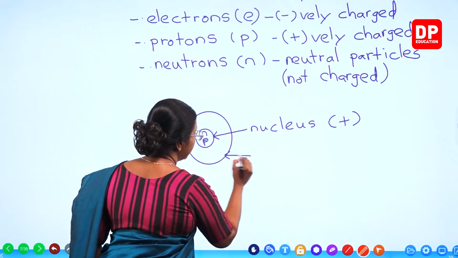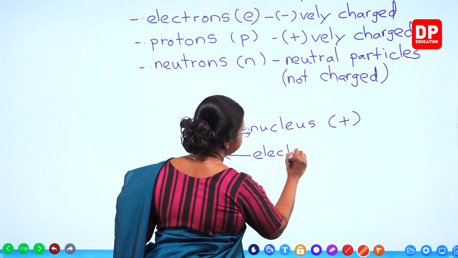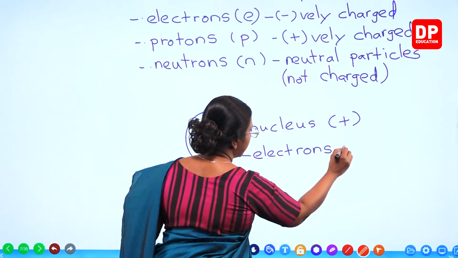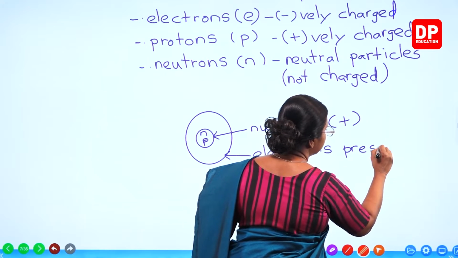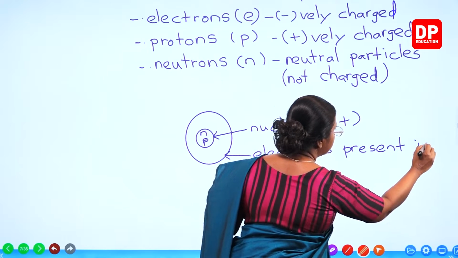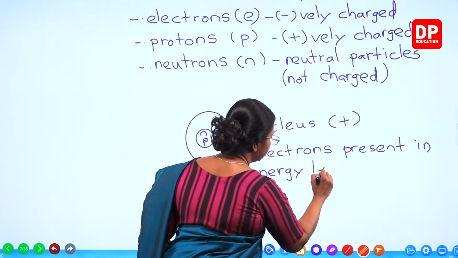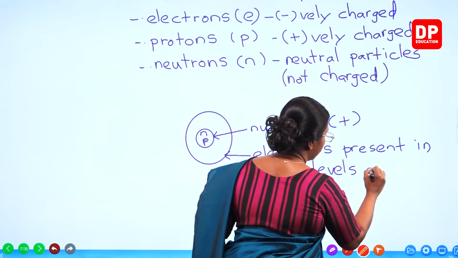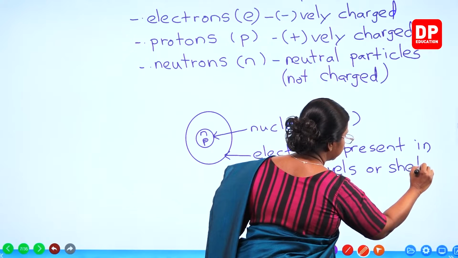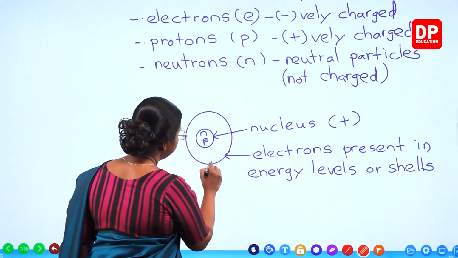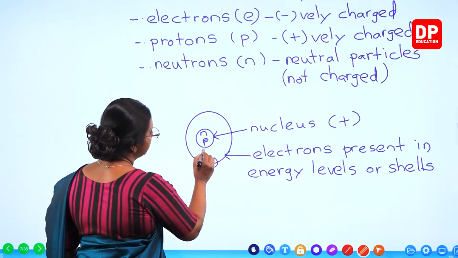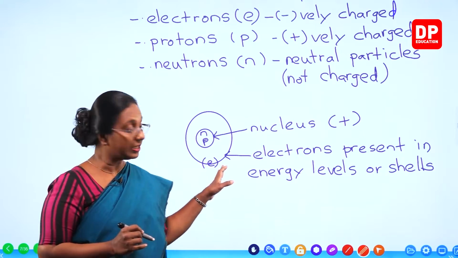So here we get electrons present in energy levels or shells. Protons and neutrons are there in the nucleus.